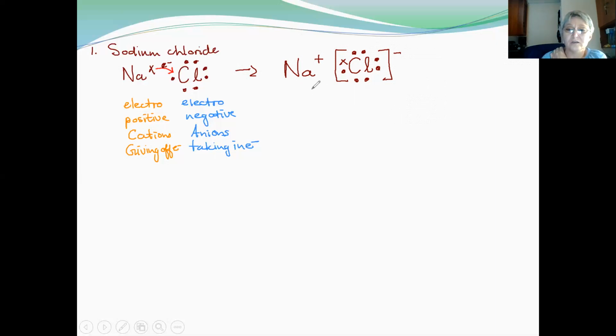So this is the Lewis structure of sodium chloride. Let's go to the next level.